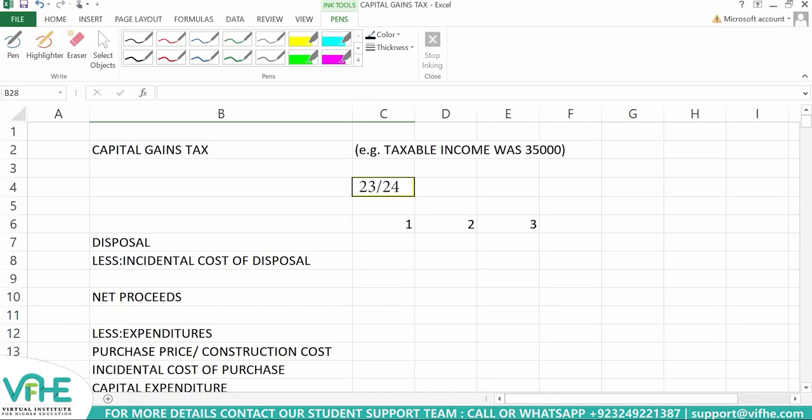So let's consider an example of a UK resident individual who is going to make a disposal in the tax year 23-24. Keep this in mind that whenever individuals have to compute their income tax liability, they use the tax year. And similarly, from 6th April to 5th April, with reference to the tax year, the individual has to compute capital gains tax as well.